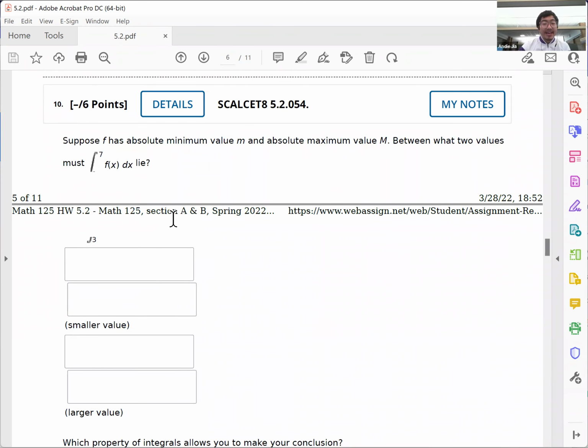We have property 8: if m is smaller than or equal to f of x and smaller than or equal to M, then m times (b minus a) is smaller than or equal to the definite integral, which is smaller than or equal to capital M times (b minus a).